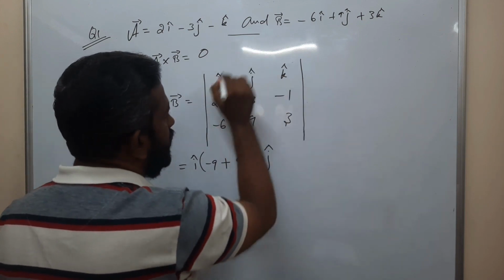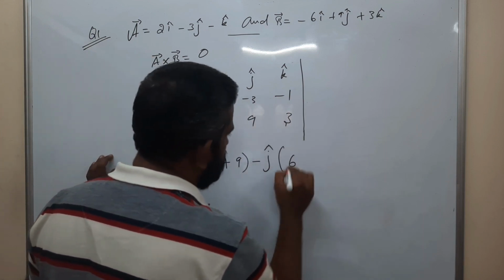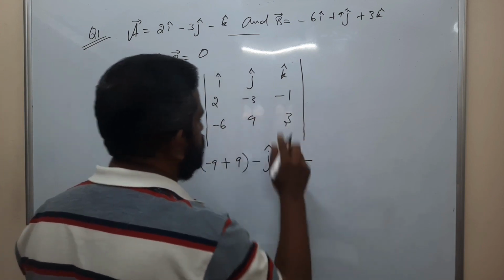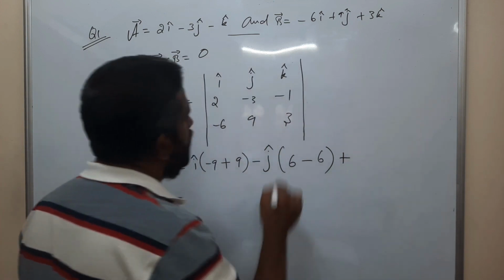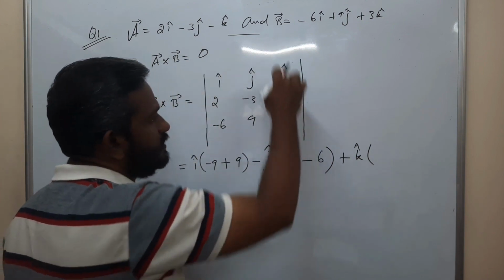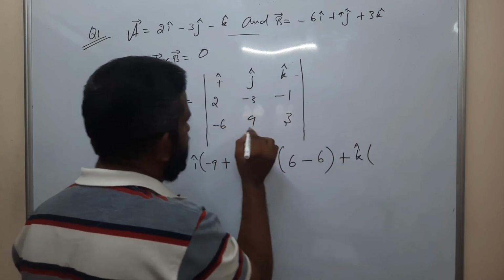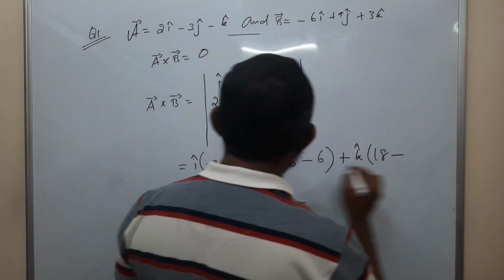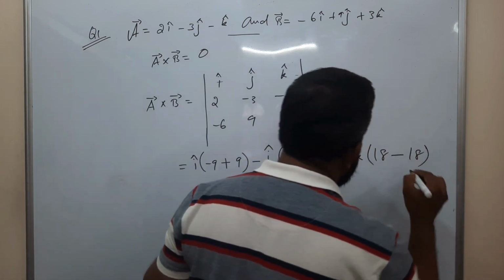What is remaining? 2 into 3, that is 6, minus minus 6 into 1, so minus into minus is plus, 6. Then the next sign plus: k cap into, cut this row and this column. What is remaining? 9 into 2, 18, minus minus 6 into 3, that is 18.